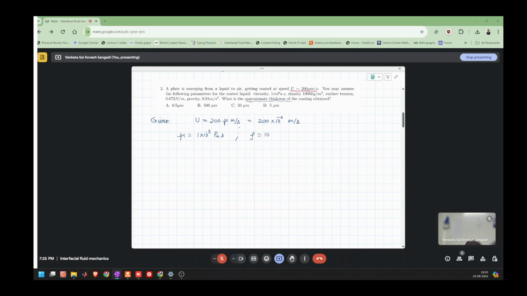Density rho is equal to 1000 kg per meter cube, surface tension gamma is equal to 0.072 Newton per meter, and gravity is 9.81 meters per second square. We are asked to find the coating thickness, H.